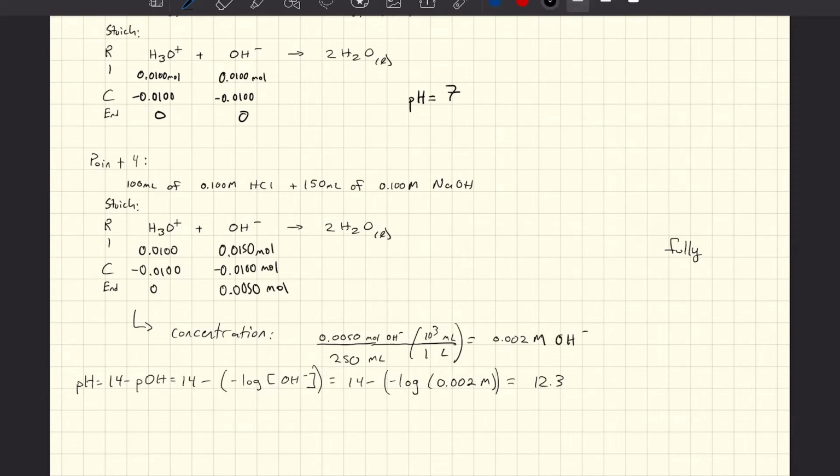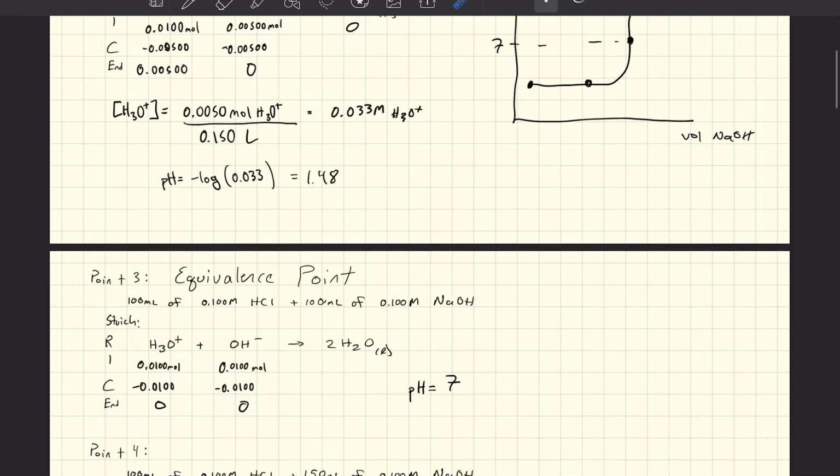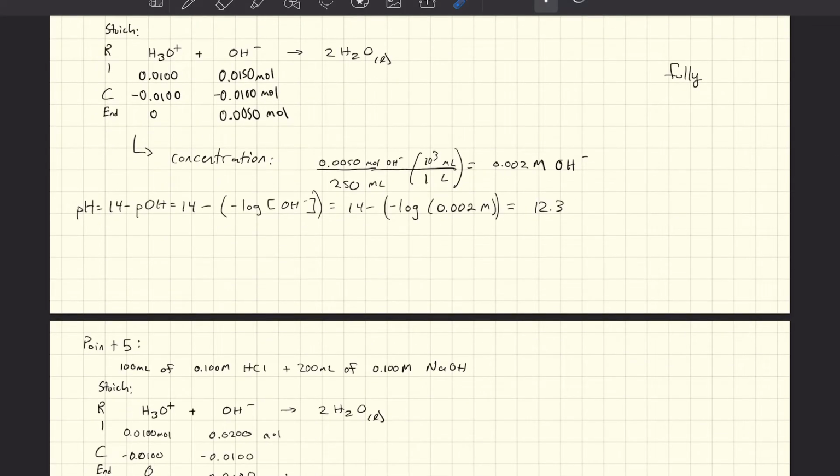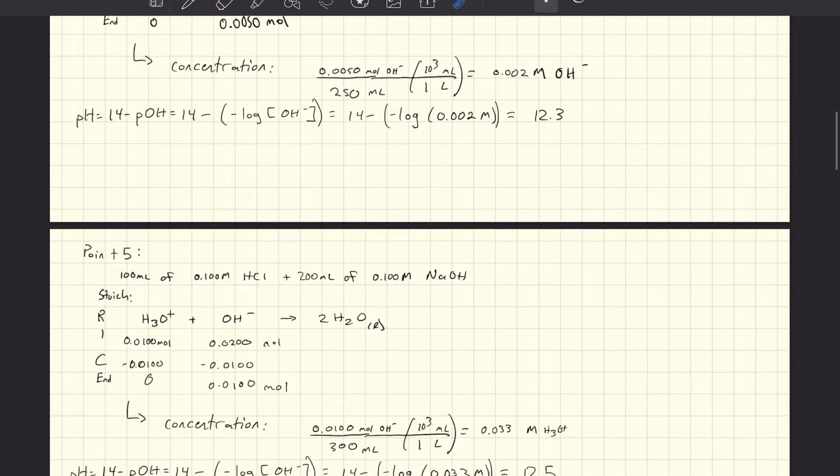Then I can use pH plus pOH equals 14, and solve for 14 minus pOH, where pOH is negative log of OH-. So I get 12.3. This one starts at 1-something and ends up at 12.3 or higher.